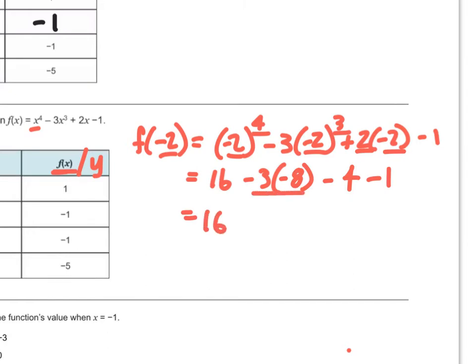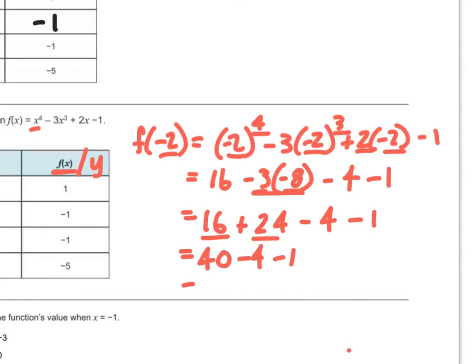So I've got 16, and -3 times -8 is positive 24. And then minus 4, and then minus 1. You can do this a number of ways. I can take 16 plus 24, that's 40, minus 4 is 36, minus another one gives me 35. So that's the y value when x is -2.